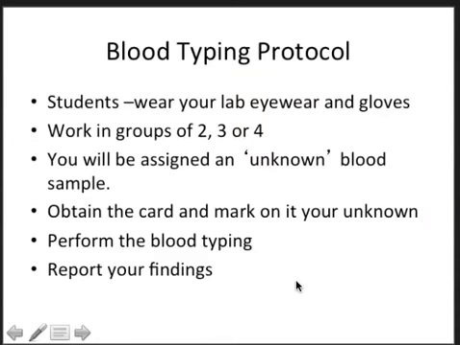So in lab last week, we actually did some blood typing using the blood typing kit, and depending on the agglutination reactions in the various wells, we were able to determine the blood type of the different samples. So you're going to want to go back and review what we did, okay?